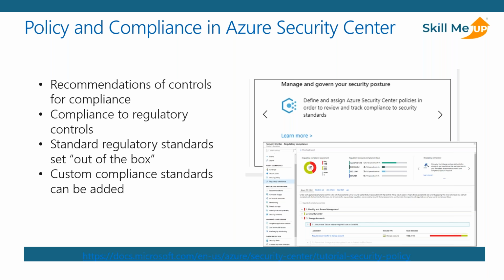PCI DSS has controls in place that follow the protection of personal identifiable information within your environment, so that helps out. Azure CIS is really a baseline policy based on Azure best practices, and then the SOC-based TSP is around SOC compliance, and then ISO, the international standards.